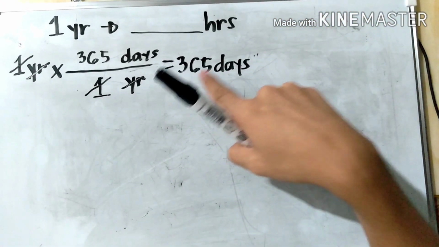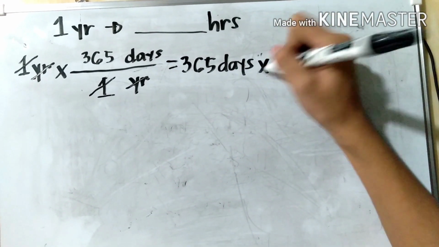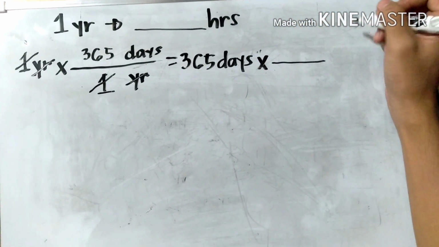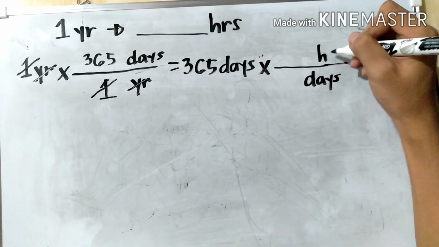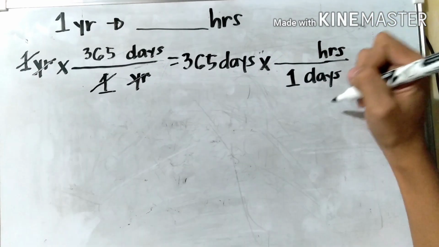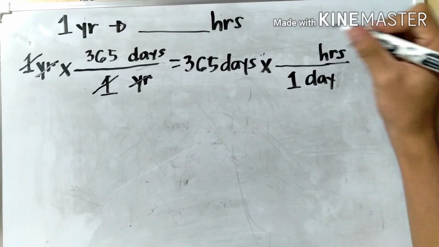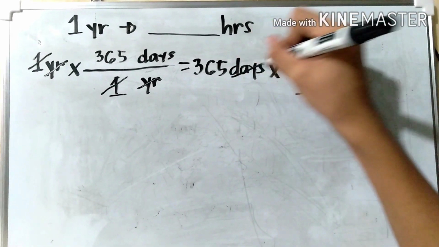Now that we have 365 days, we can convert it into hours. Multiply over. Okay, so dapat sa baba ay days. Then sa taas is hours. In 1 day, sa isang araw, ilang oras? 24. Tama. Cancel, cancel.